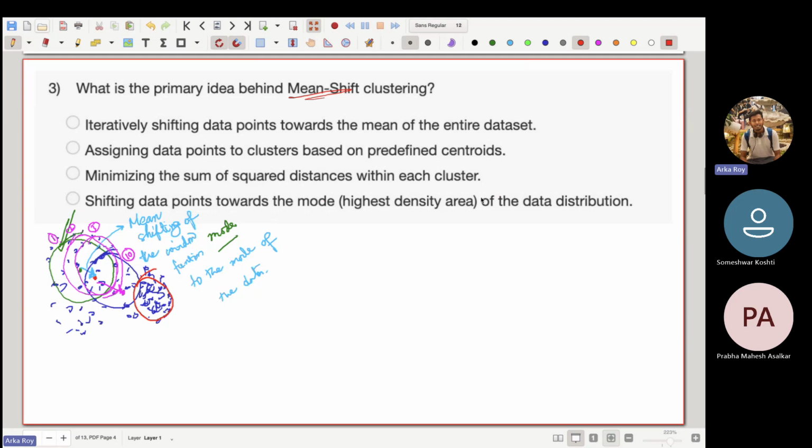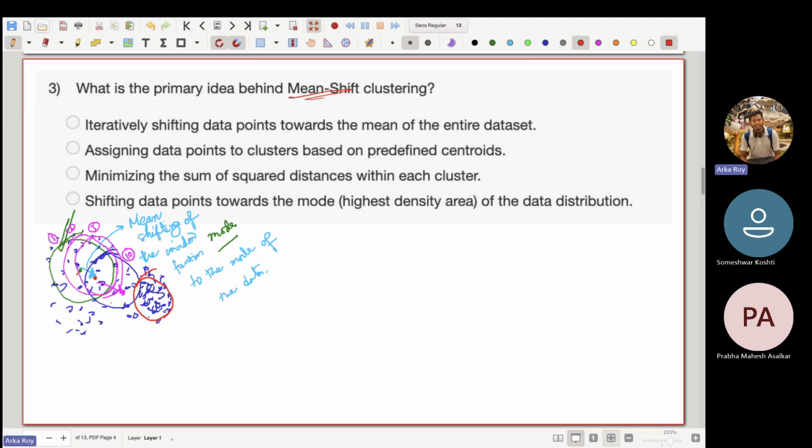That is what I have already told you: you start with a window, you calculate the center of the window. In the case of a normal distribution, the center could be the mean. So therefore, you have to estimate the parameter.